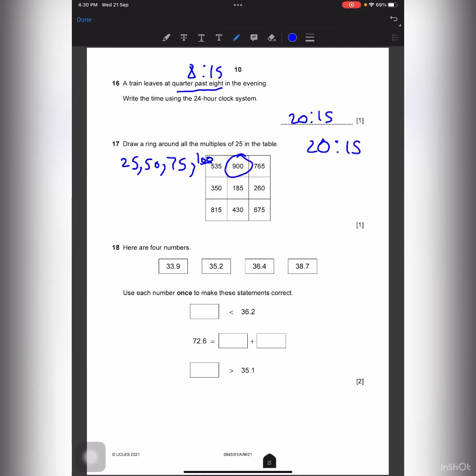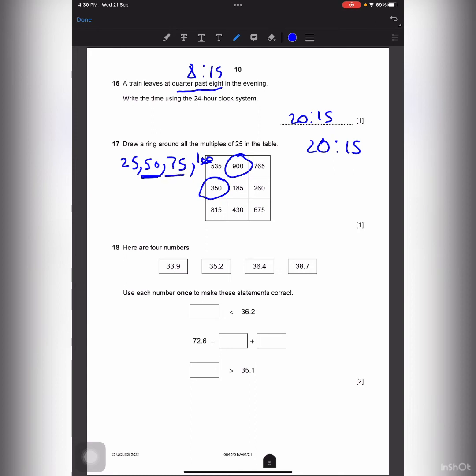So 900 is the answer. And as we saw, 350 is also the answer. If you guys will be like, why isn't it 430? Well, because as you can see, there's 50 in the table, so this would be correct. And then 675.